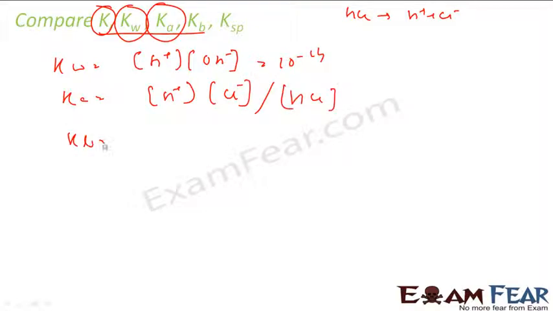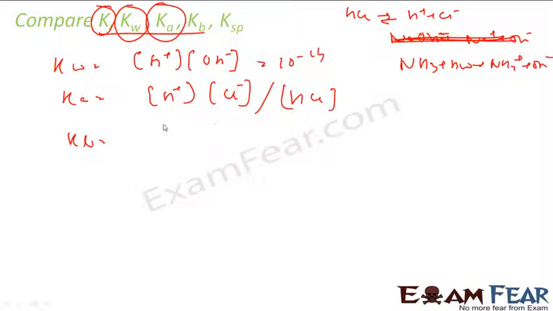Similarly, Kb was for base. Example, let's take a weak base, NH3. It dissolves in water and gives NH4 plus and OH minus, right? So here Kb will be NH4 plus concentration times OH minus concentration divided by NH3 concentration.